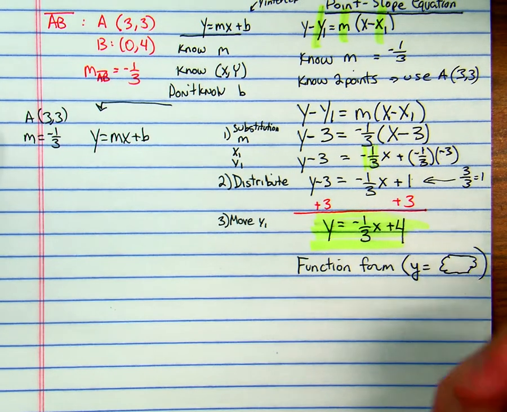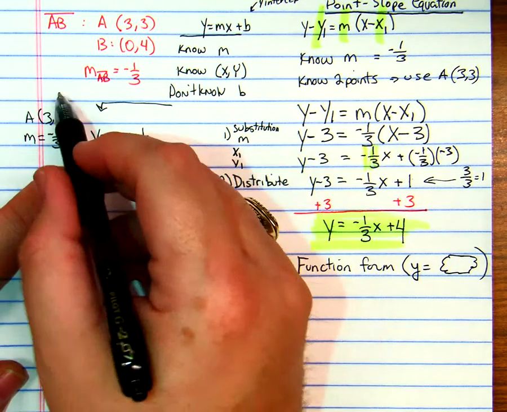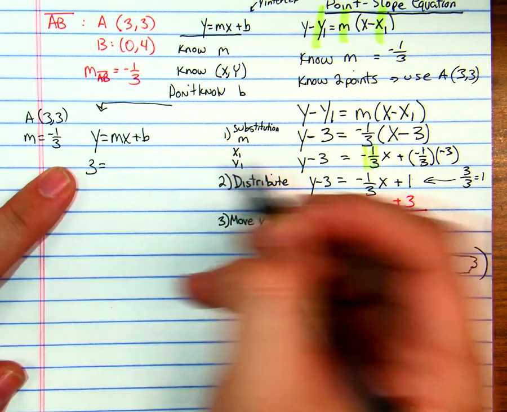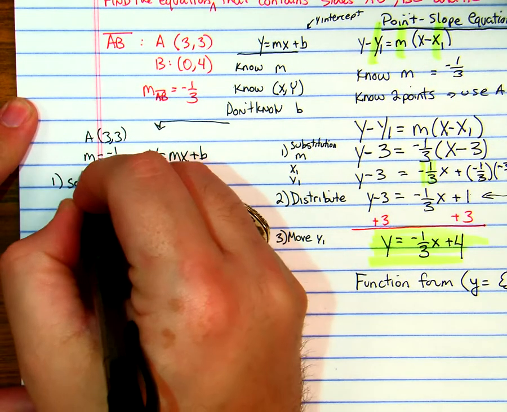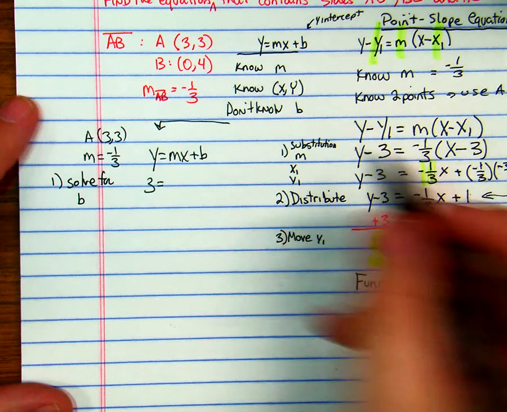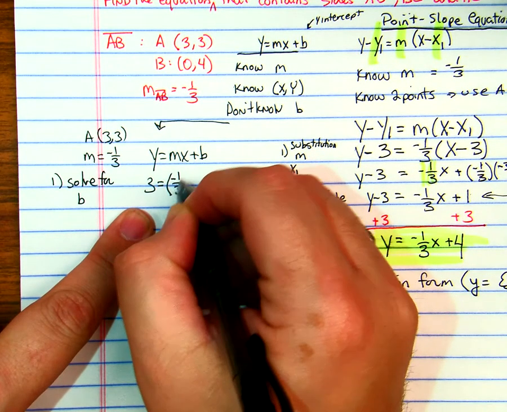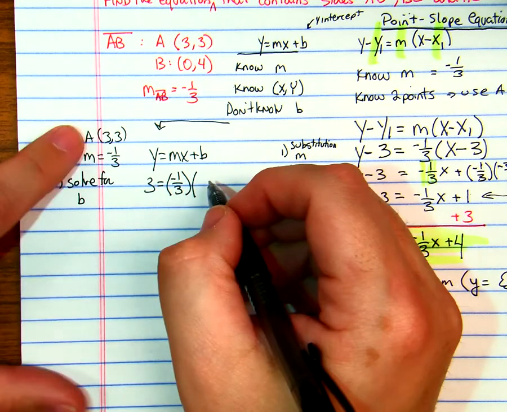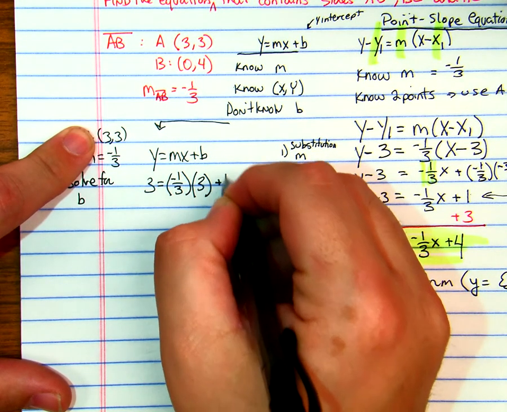Now, what's my y value? 3. And for the first step, solve for b. 3 is equal to m, which is negative 1/3. What's my x value from the point? 3, plus b. Well, what's negative 1/3 times 3?